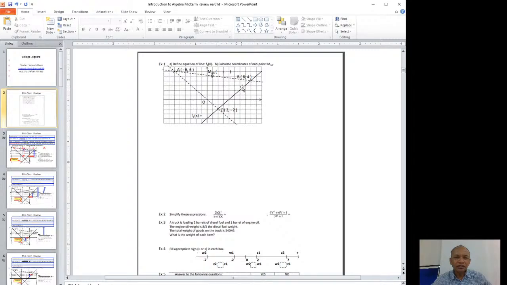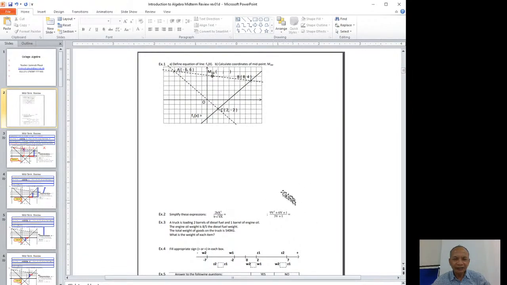Then the midpoint can be MAB, between A and B, MAC, between A and C, or MBC, between B and C. So it depends. We have different exercises, so you have to look at the paper and solve the problem accordingly.